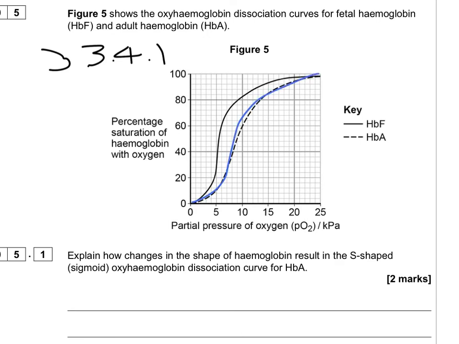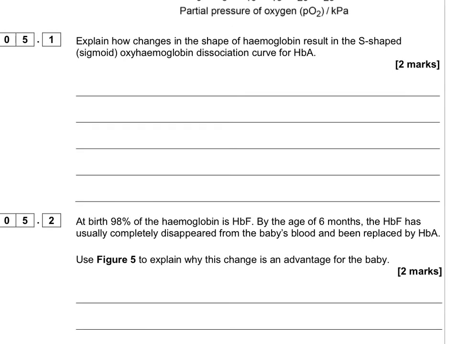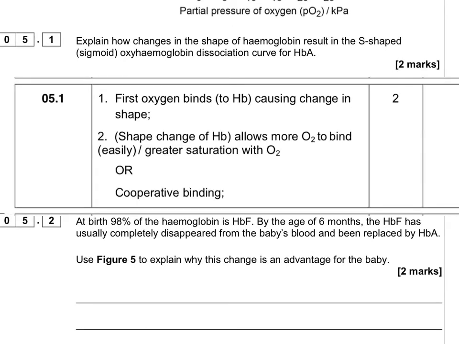We need to explain, not describe the curve, not use any data as such. So when the oxygen binds, it causes a change in shape of the hemoglobin, and that change in shape allows more O2 to bind easily, or probably better, greater saturation with oxygen. It will also allow cooperative binding.